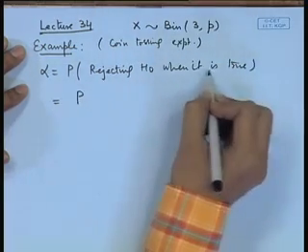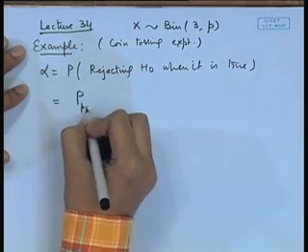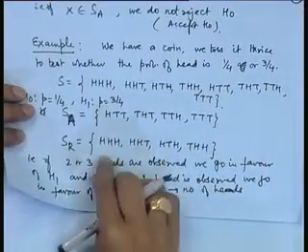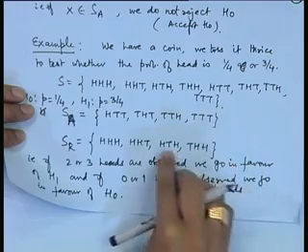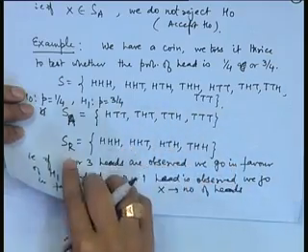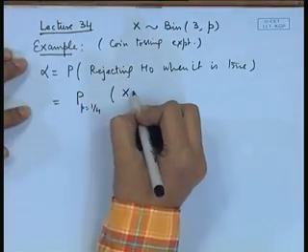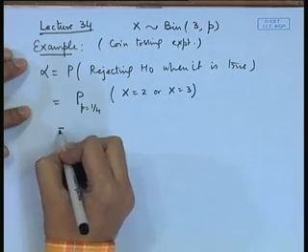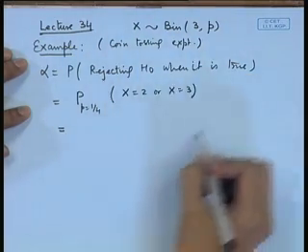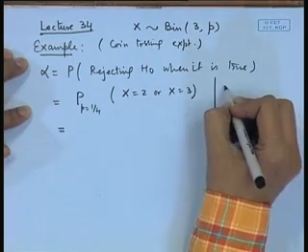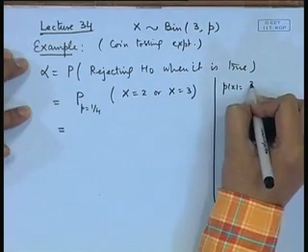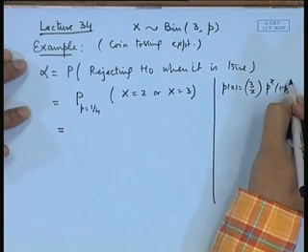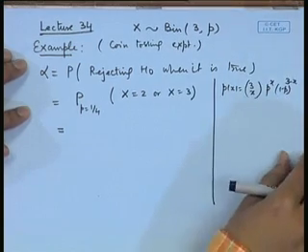So, when H naught is true, it means p is equal to 1 by 4. Under this we are rejecting when x is either 2 or x is equal to 3. So, this is basically reducing to the probability of x equal to 2 or x equal to 3. Now these probabilities can be evaluated, because we know the distribution of x, that is P(x) is 3 c x p to the power x, 1 minus p to the power 3 minus x.